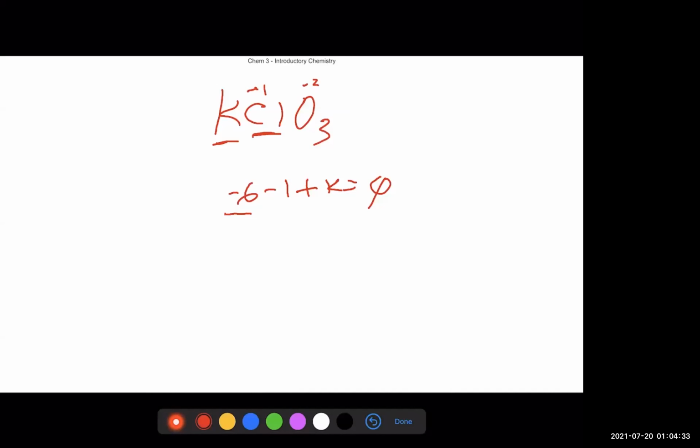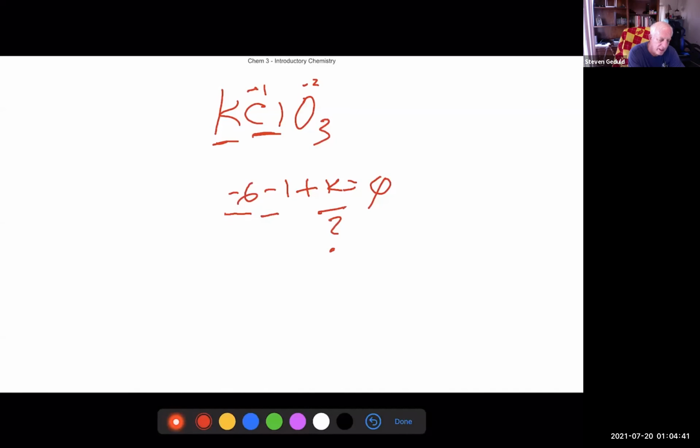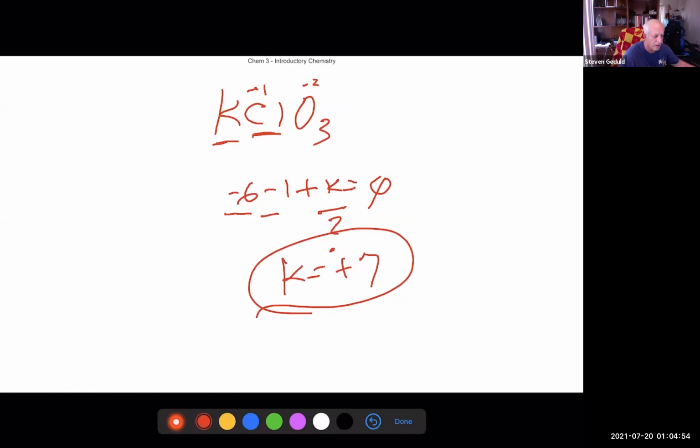Oh, okay. I see what you're saying. Chlorine's -1. Then you solve for potassium, which you don't know. And you set it equal to 0 because 0 is the charge on the compound. So the charge on K is going to equal +7. So K is +7, Cl is -1, and oxygen is -2 for your oxidation numbers.